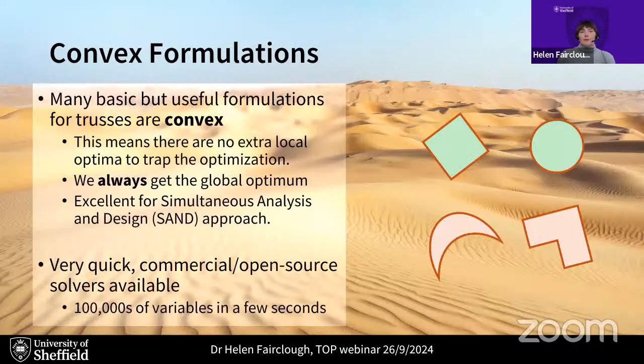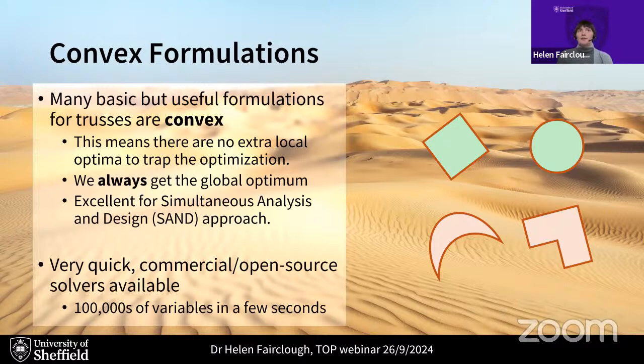Quite frequently in truss optimization, there are a lot of useful formulations that are actually convex. That means the shape of the constraints is such that there are no extra local optima that are going to trap the optimization. The green shapes on the top row, if you just keep heading downwards, you get all the way to the bottom.